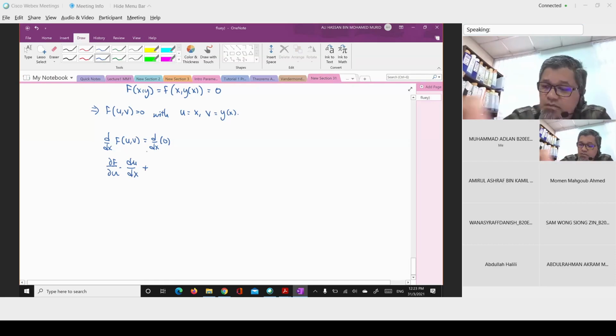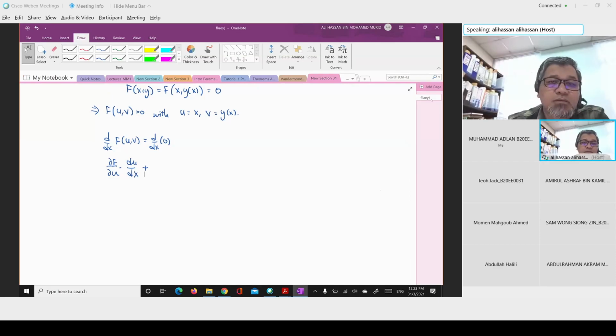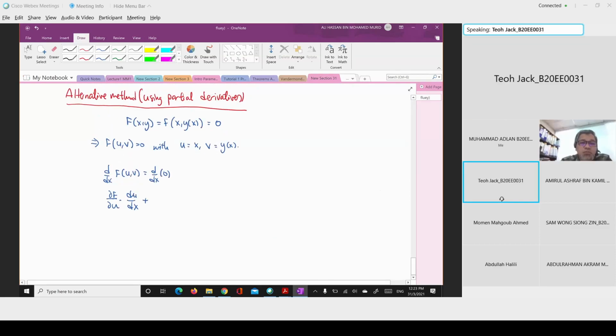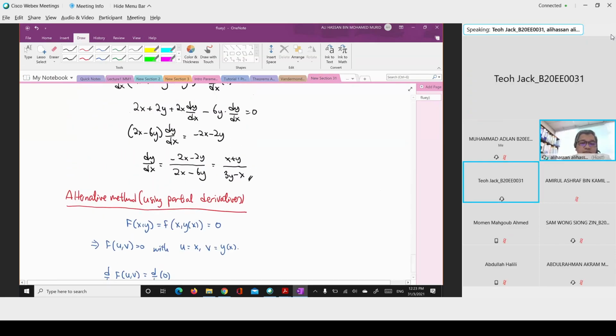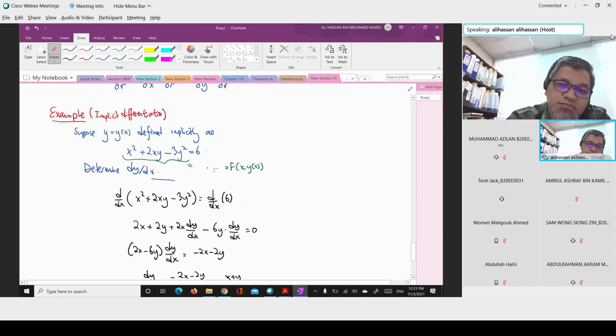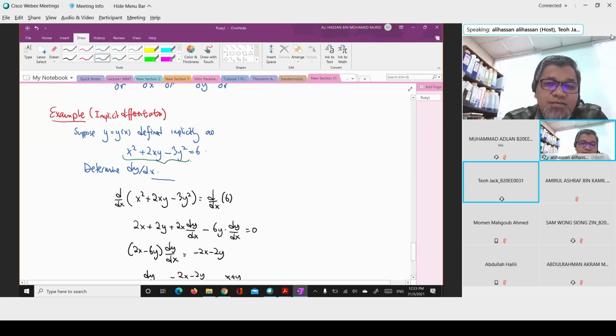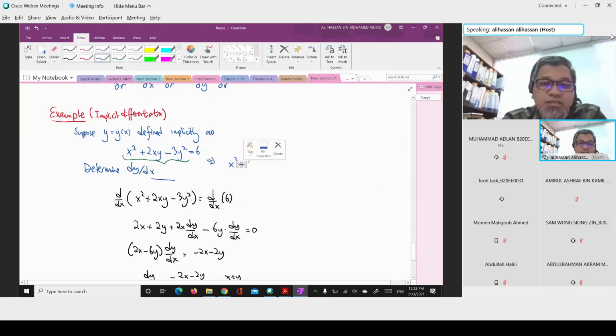May I ask a question? May I know where the zero comes from? I'm talking in general here. This equation is equivalent to x squared minus, I can write it in this form, right?